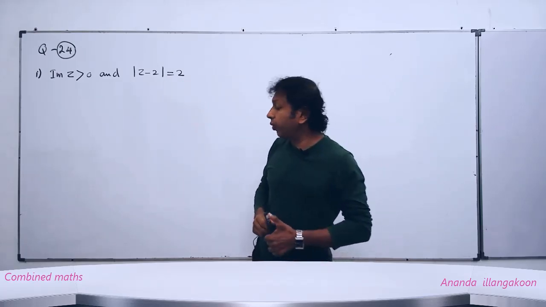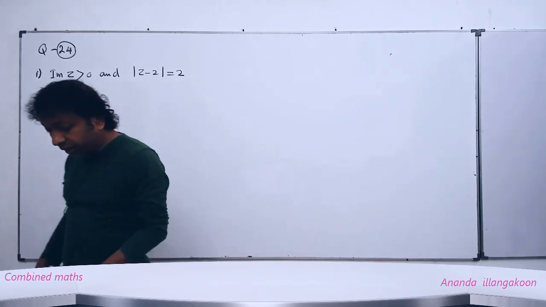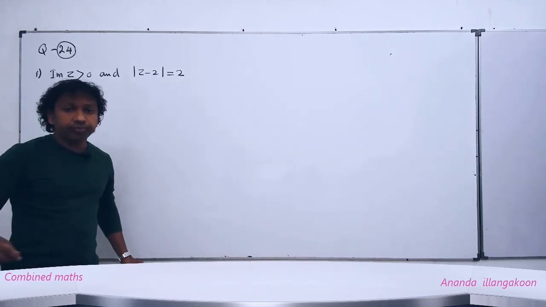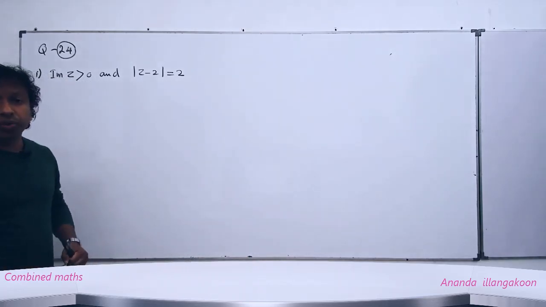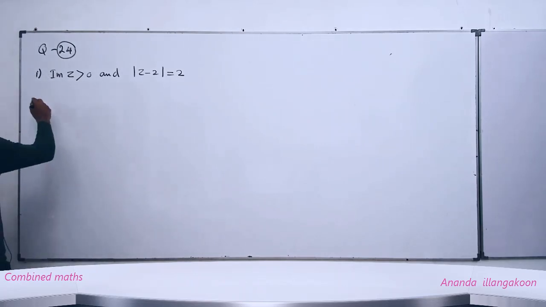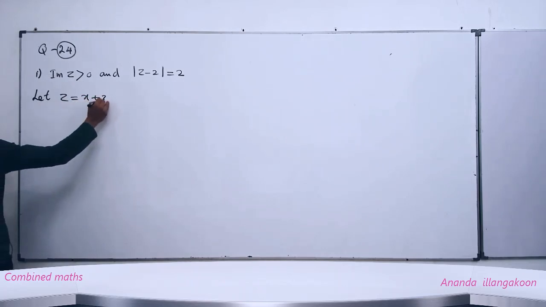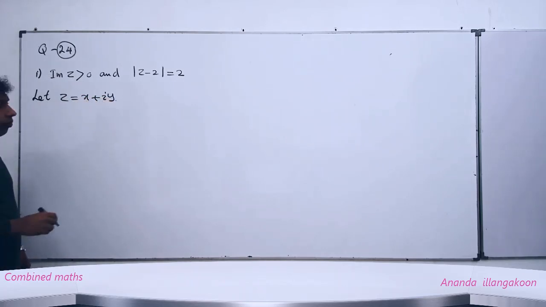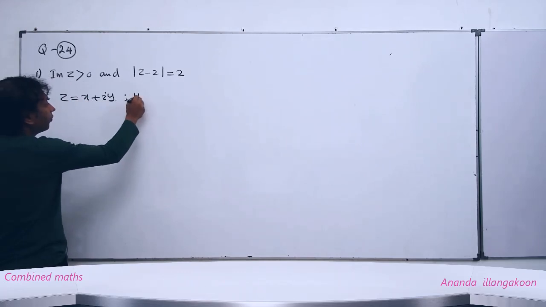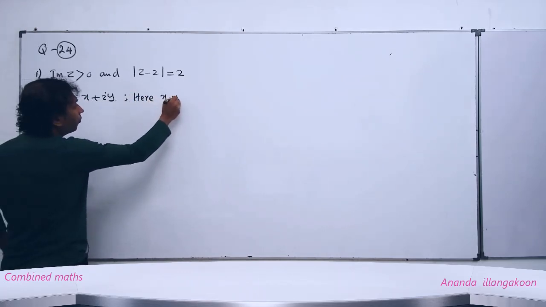Now I am going to assume a complex number for Z this way. Let Z equals x plus iy, where x and y are both real numbers.